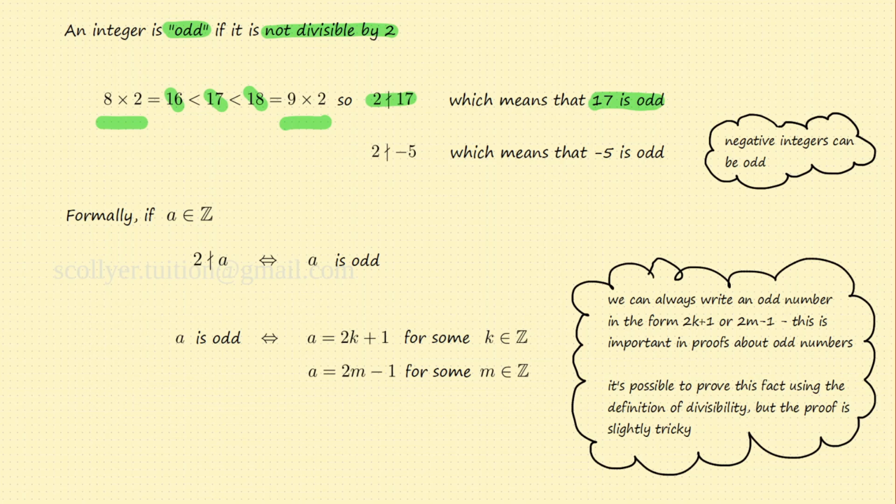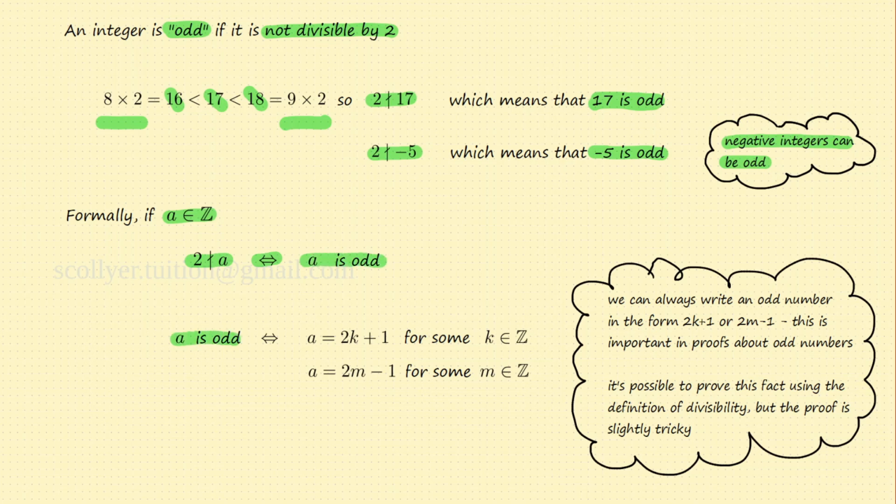And for similar reasons, -5 is odd, i.e. 2 does not divide -5, and this example indicates that negative integers can be odd, just as they can be even. So for an integer a in the set Z, 2 does not divide a is equivalent to saying that a is odd.